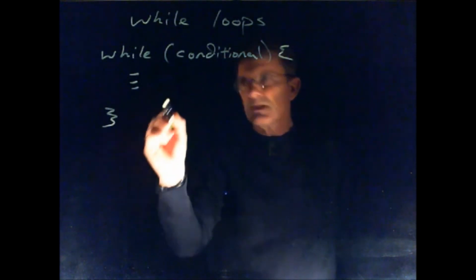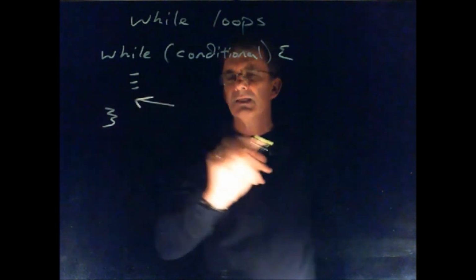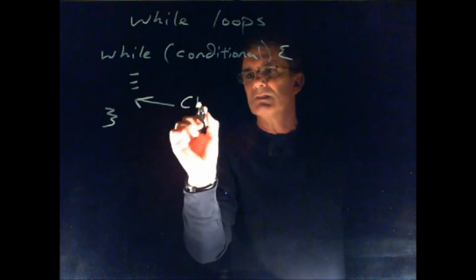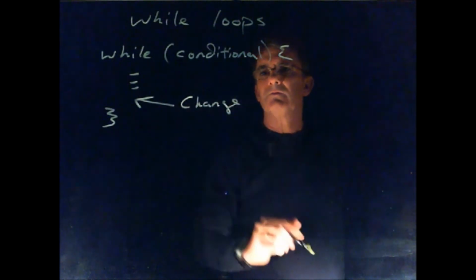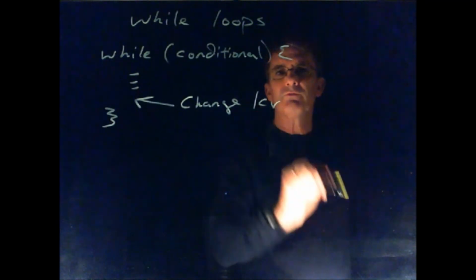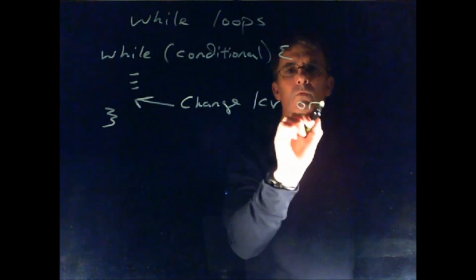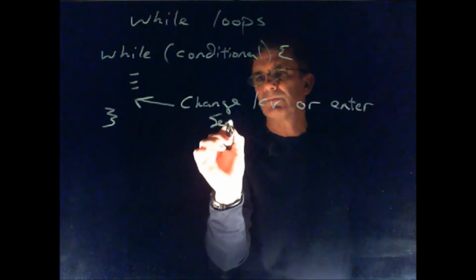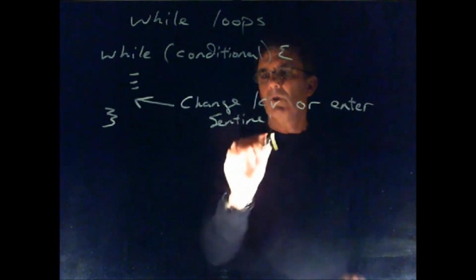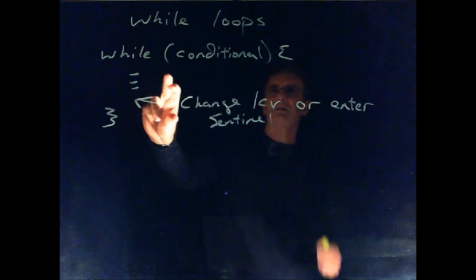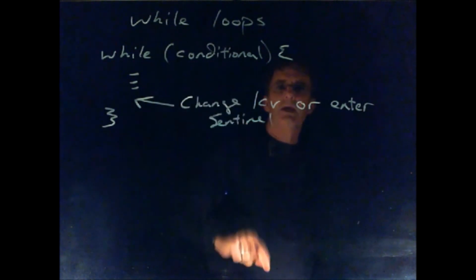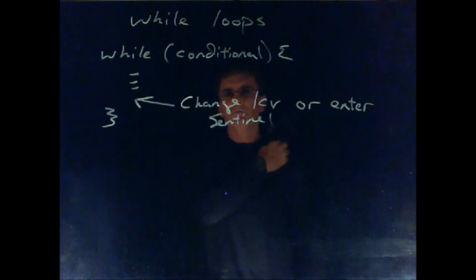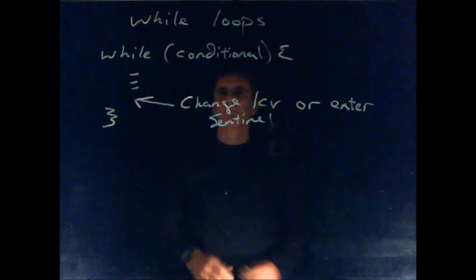Somewhere in these steps, typically at the end, there needs to be something to change the loop control variable, or we enter the sentinel value. We need to do something inside the loop that will eventually cause this conditional to be false. If we don't, we have an infinite loop.